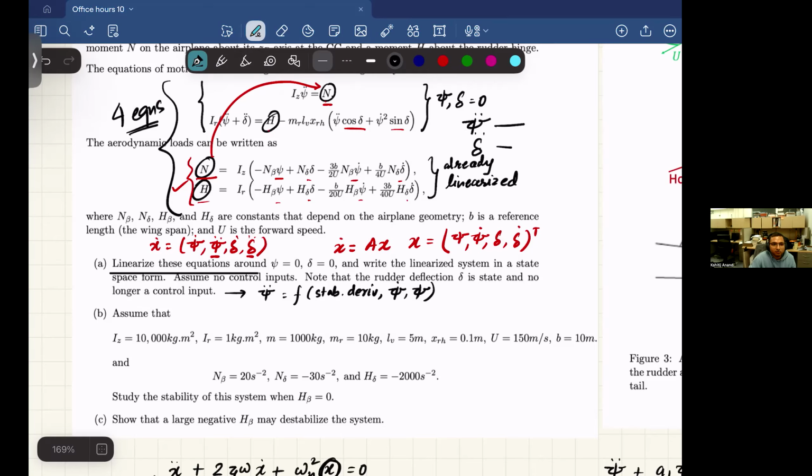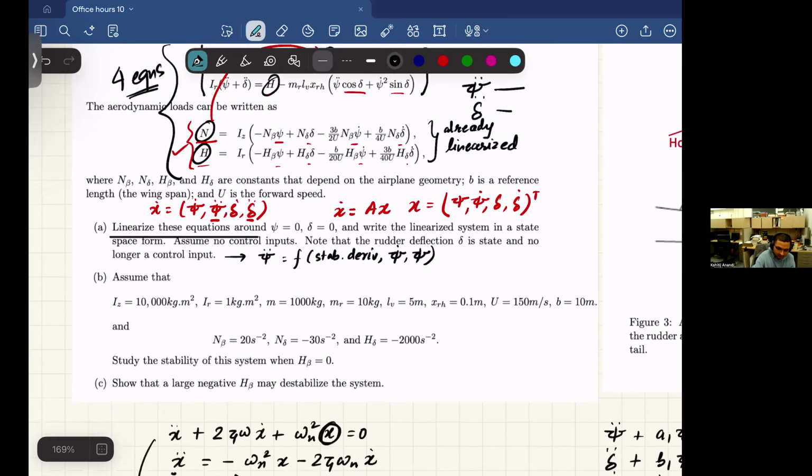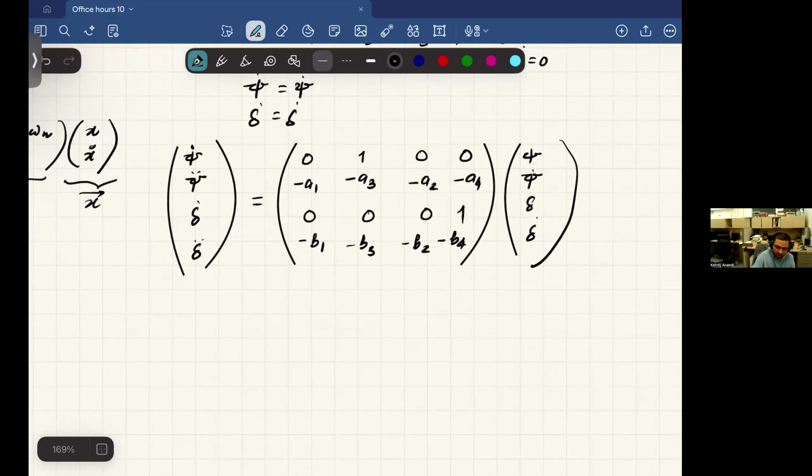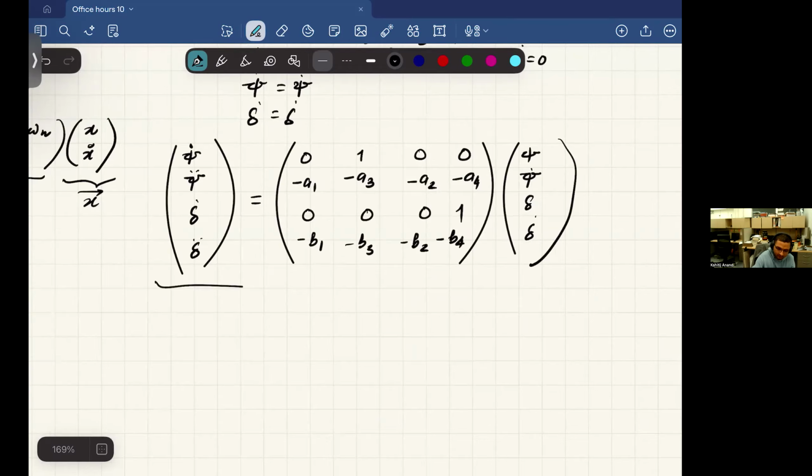Assume that we have been given a lot of values. Study the stability of this system when H beta is equal to 0. So basically, after you have constructed this state space form, I'm going to just write Ai, Bi, where i is 1, 2, 3, 4.